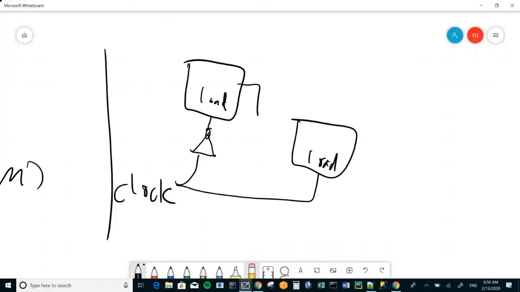And then the output of this one goes into the input of that one, and then we've got this output over here. So let's think about what happens as the clock pulses. Whenever we're trying to store a value, it gets queued up in here, waiting for a clock pulse to move on to here.